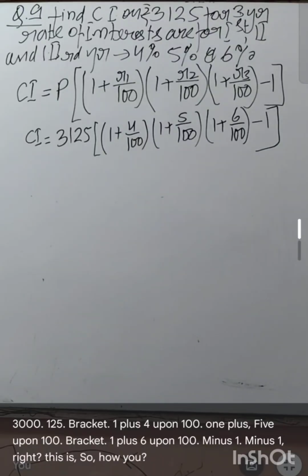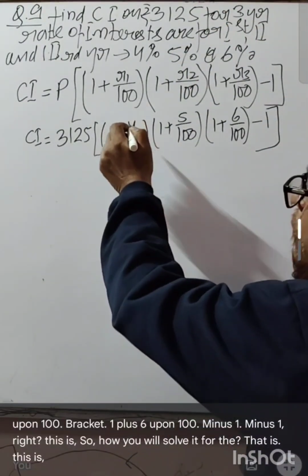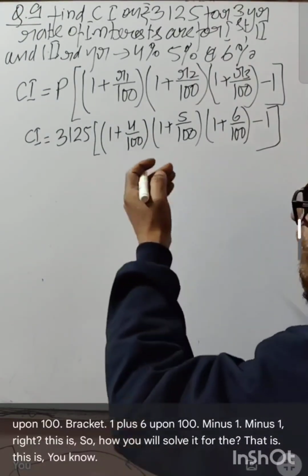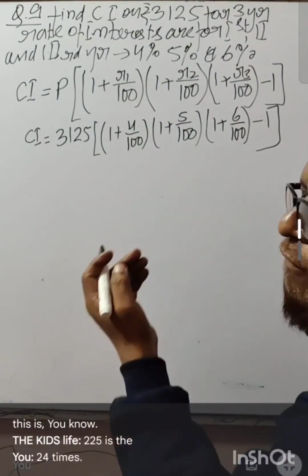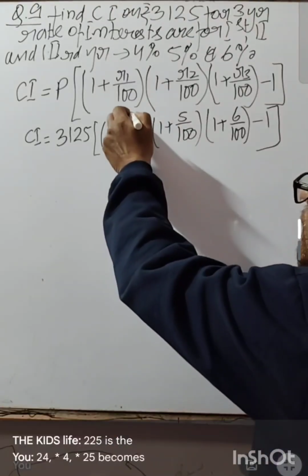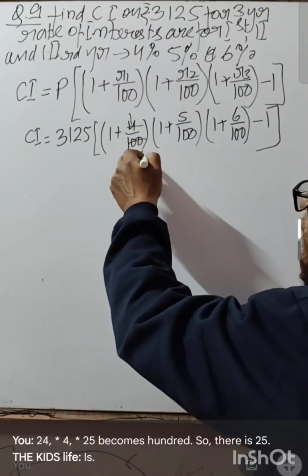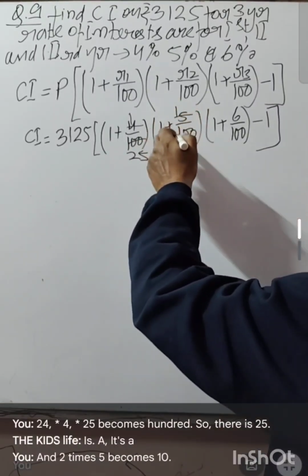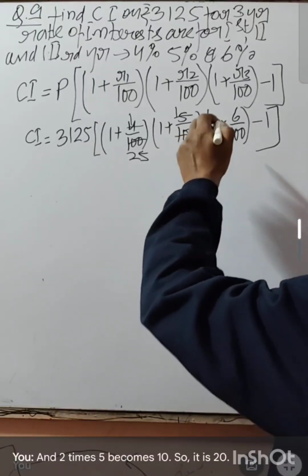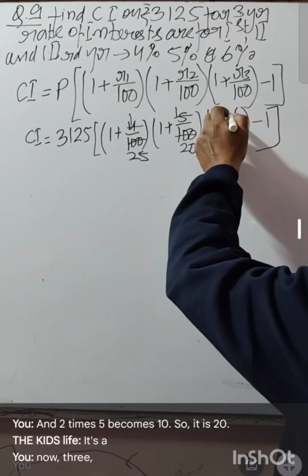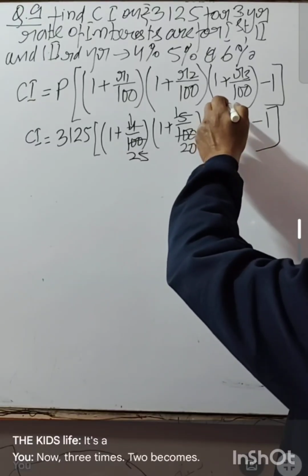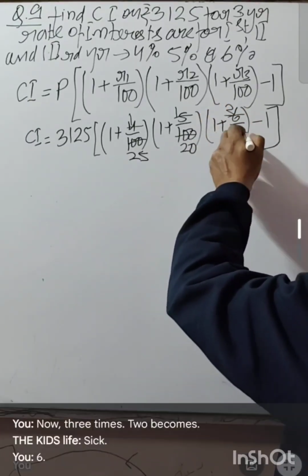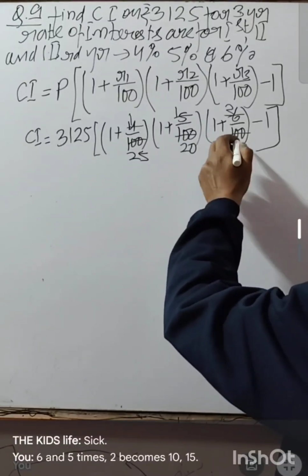So how will you solve it further? 4 times 25 becomes 100, so there is 25. 2 times 5 becomes 10, so it is 20. Now 3 times 2 becomes 6, and 5 times 2 becomes 10, so 50.